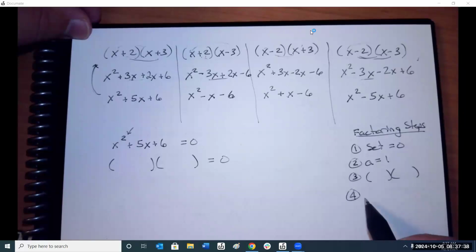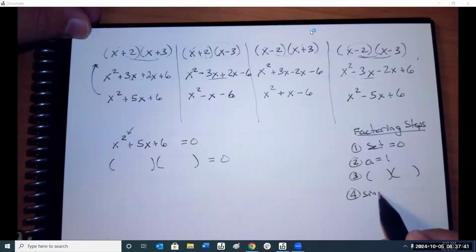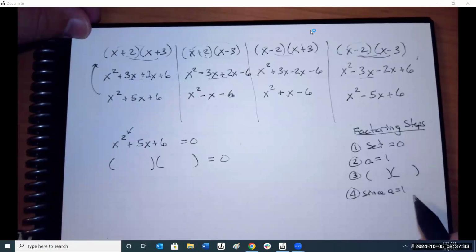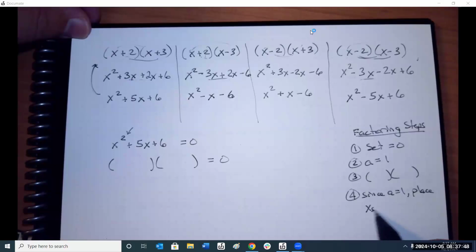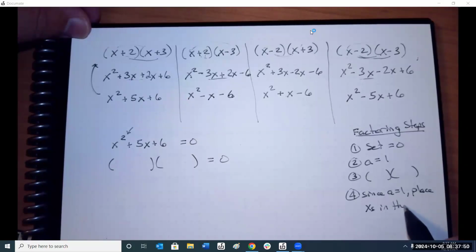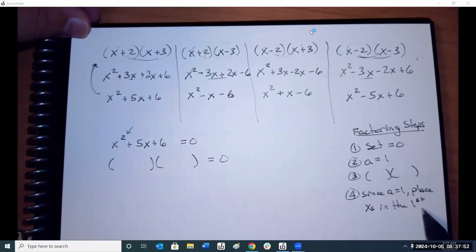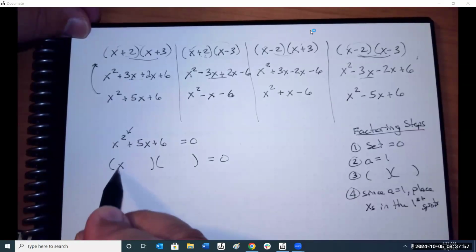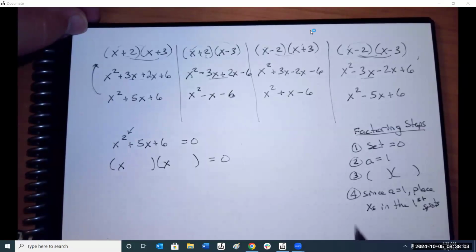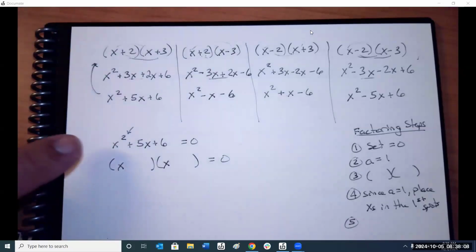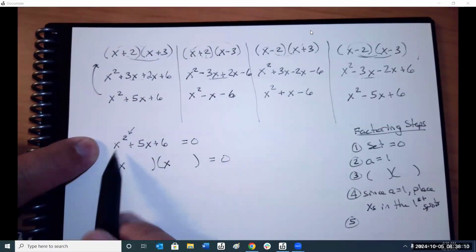Since A is 1, place x's in the first spots. So we have x and x. That takes care of our first term. X times x is our first term.